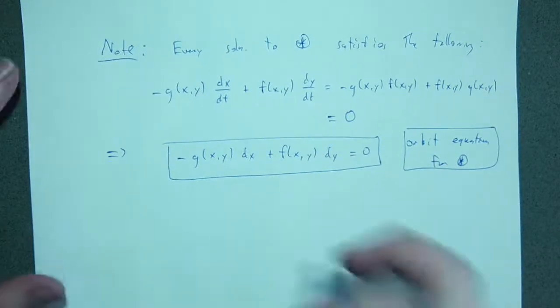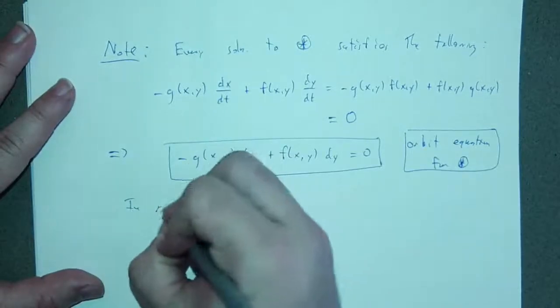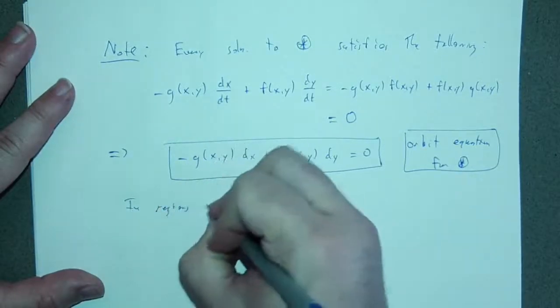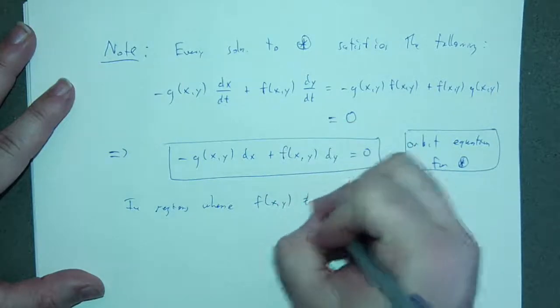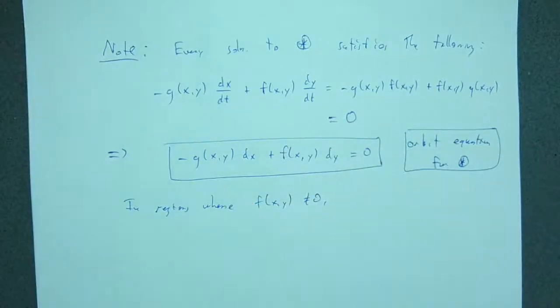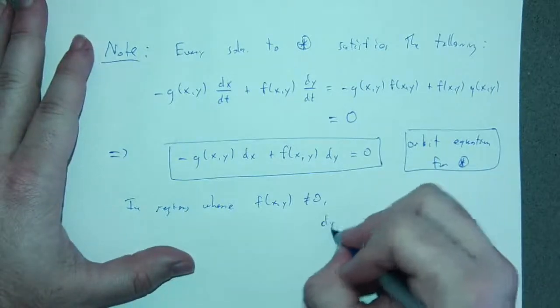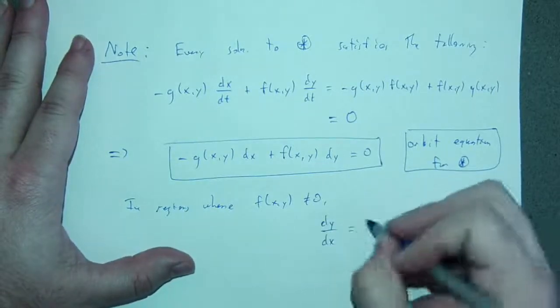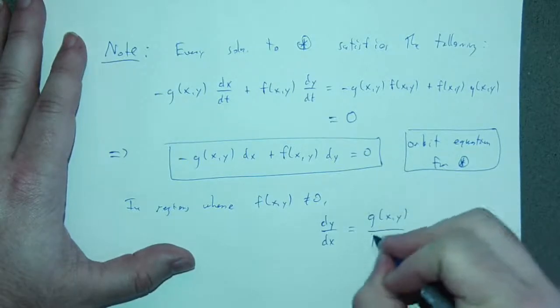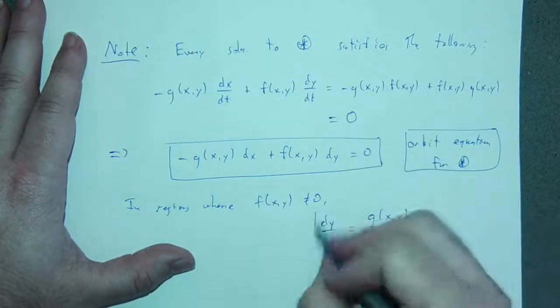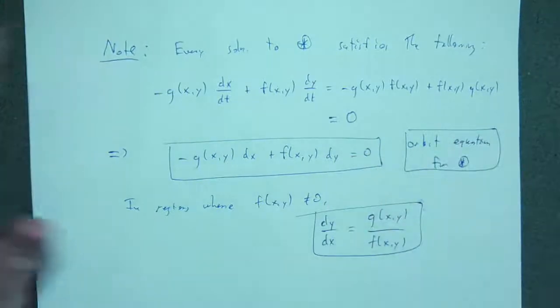In fact, in regions where f of xy is not 0, I can rewrite this as dy dx is equal to g of xy over f of xy. So I can recast this equation as this thing.